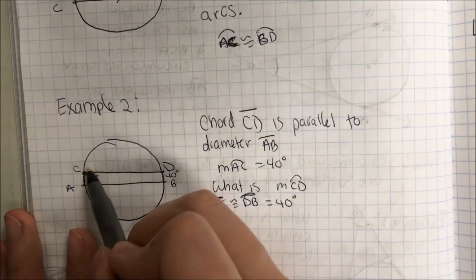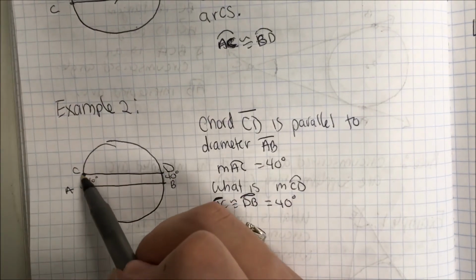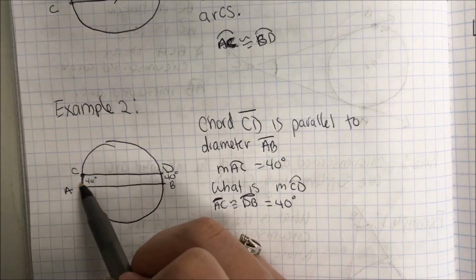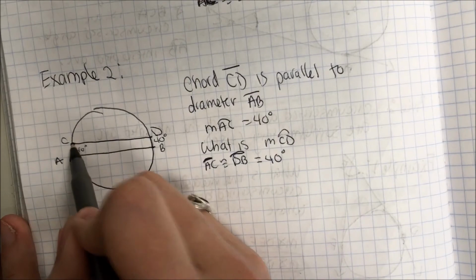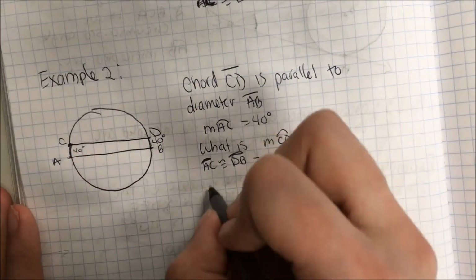So we want to find the measure of arc CD. So we see here that since we have our diameter at AB, this makes a semicircle, and the semicircle measures 180 degrees. So since AC and BD are both 40, then we just need to subtract those from 180.